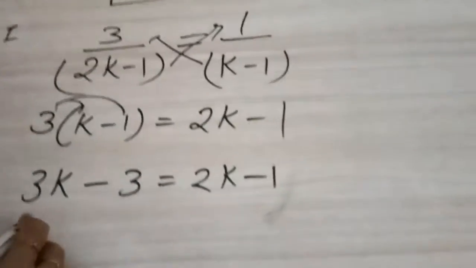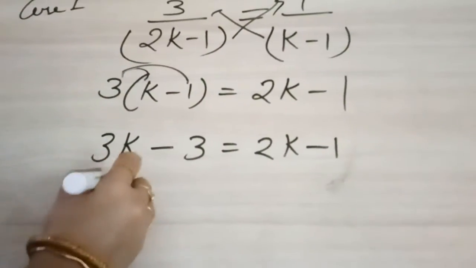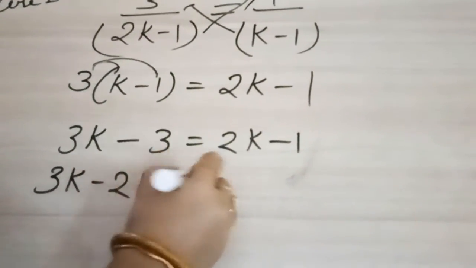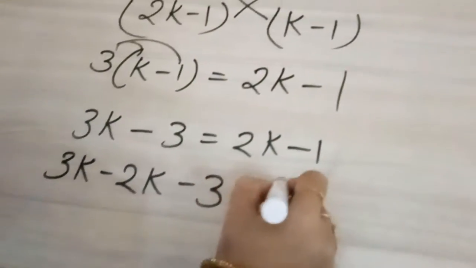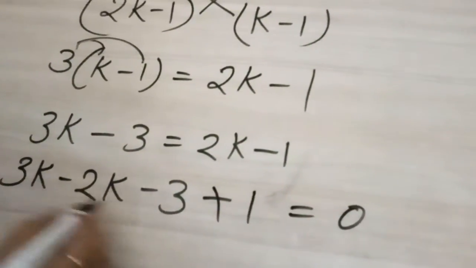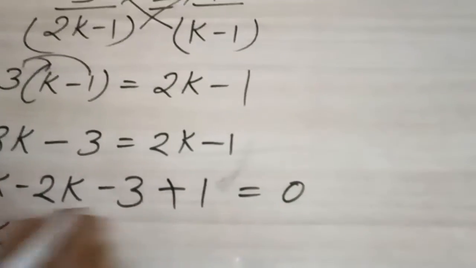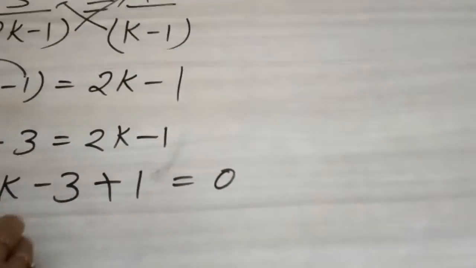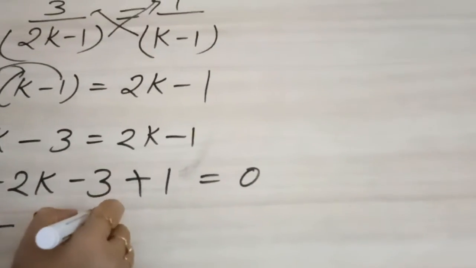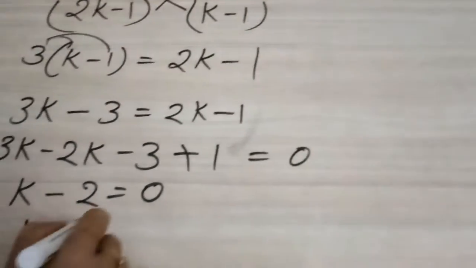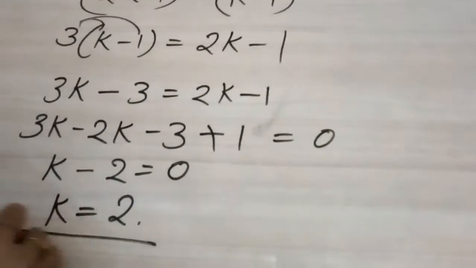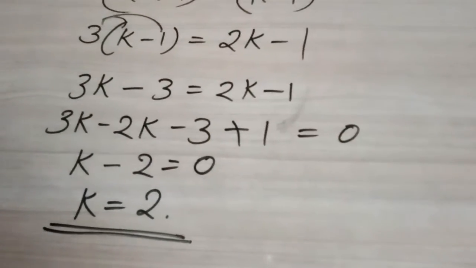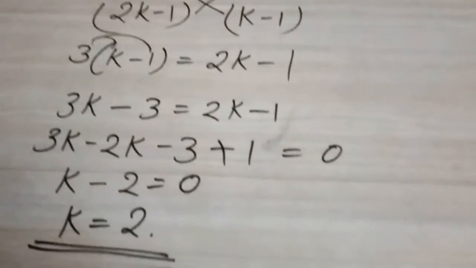We will bring like terms together: 3k minus 2k minus 3 plus 1 is equal to 0, so it will become k minus 2 is equal to 0, so k is equal to 2. We got one value of k directly from case 1, that k should be equal to 2.